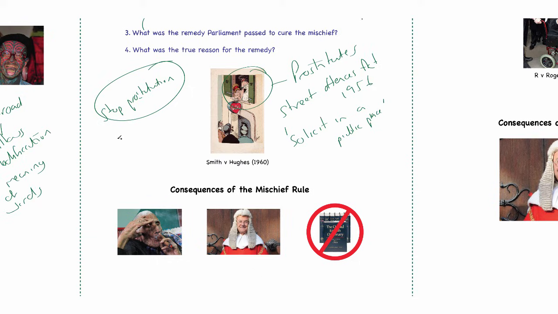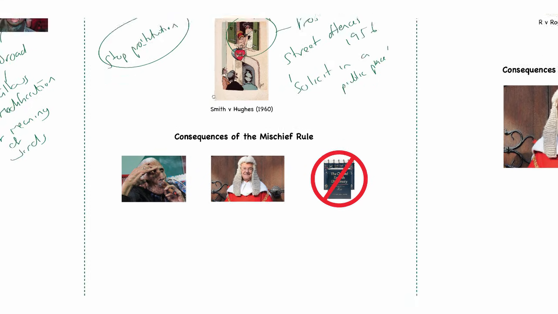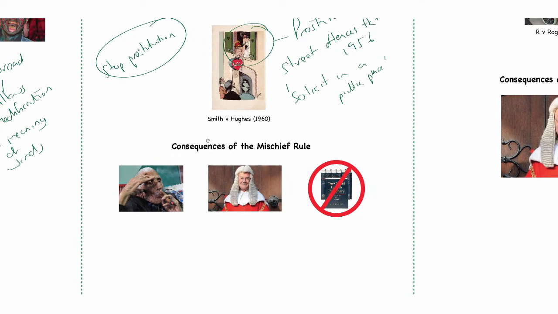Now, what are the consequences of this rule? Because again, it seems eminently sensible. We know that it's the oldest of the rules. Look at that old fella smoking a cigar. But unfortunately, once again, it allows for a far greater degree of judicial lawmaking, because it allows the judge to decide what they think Parliament intended to put right in the previous law.